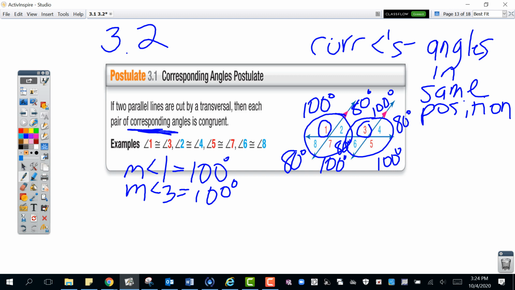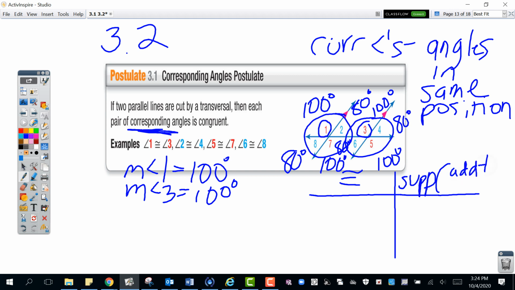So I want you to make a T-chart here of which angles are going to be congruent to each other and which angles are going to be supplementary. If you remember, supplementary means they add to 180. So we just said corresponding angles are equal.